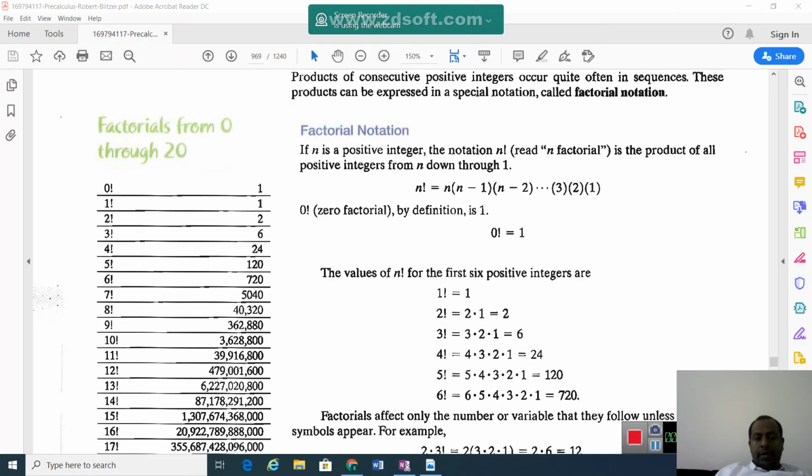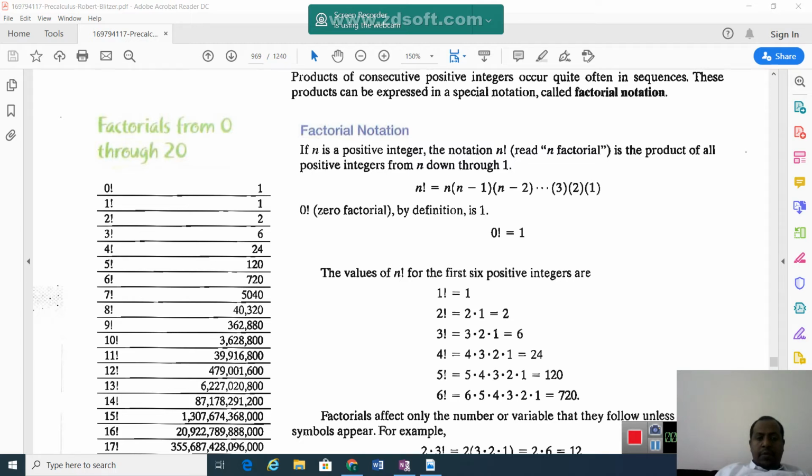Okay, example 3 deals with factorial notation. In example 3, you are asked to find the nth term of a sequence involving a factorial notation.